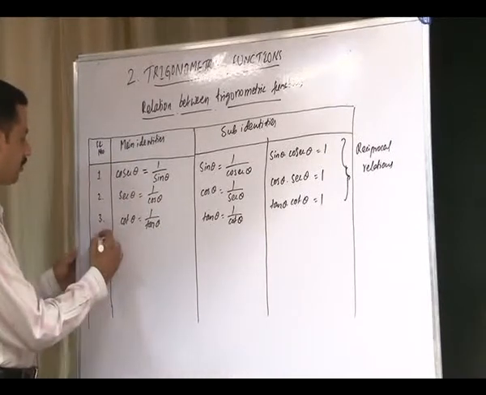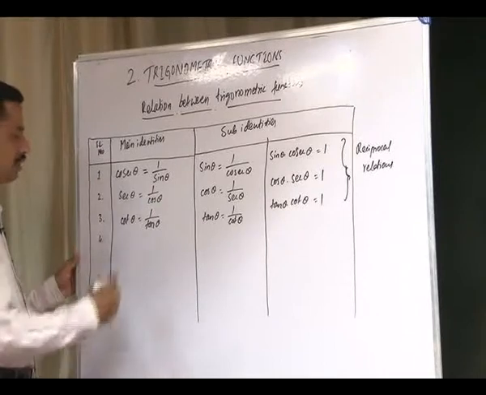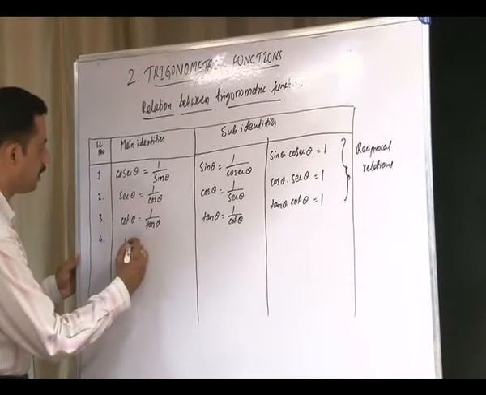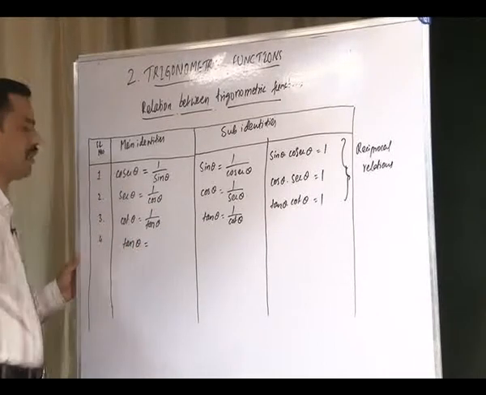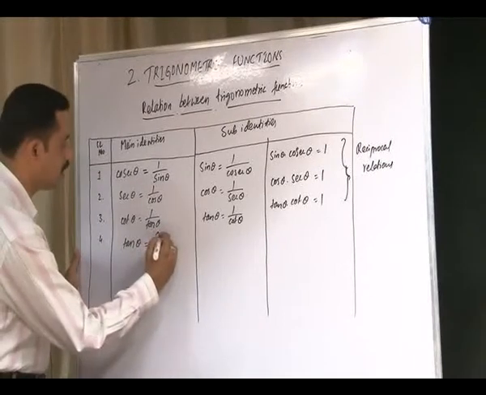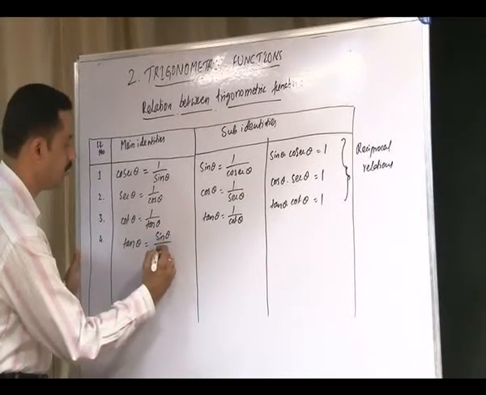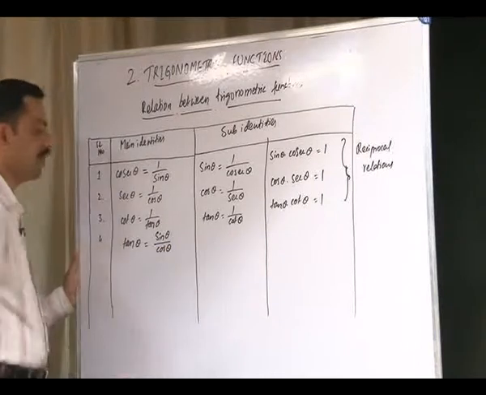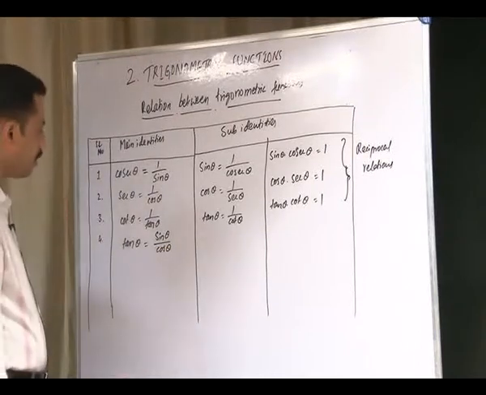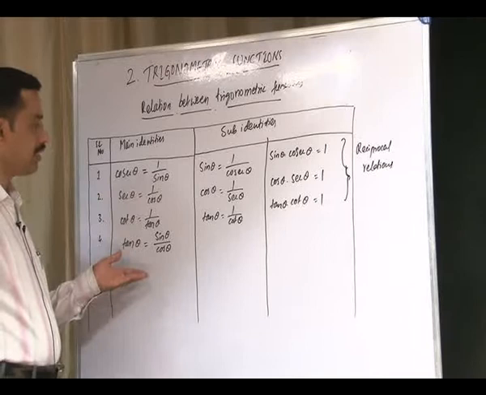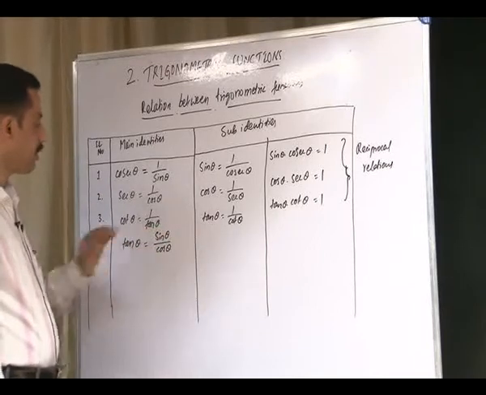Next is the fourth one, that is given by tan theta. Tan theta is equal to sin theta divided by cos theta. That is only a main identity, there is no sub identity for this relation.